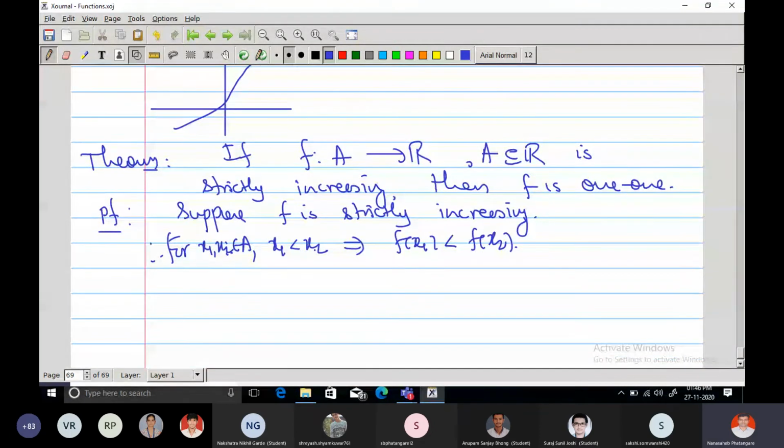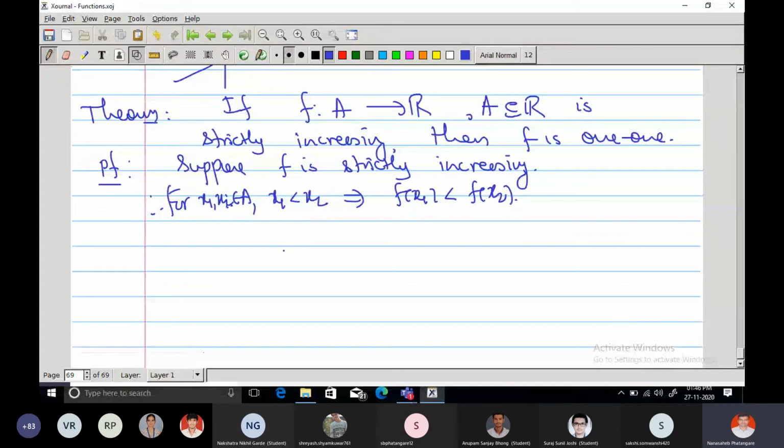What is our claim? F is 1-1 or injective. This is our claim. Suppose f is not 1-1, then we should get some contradiction.